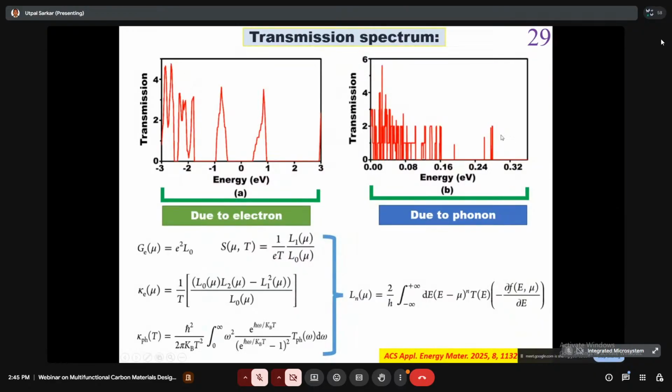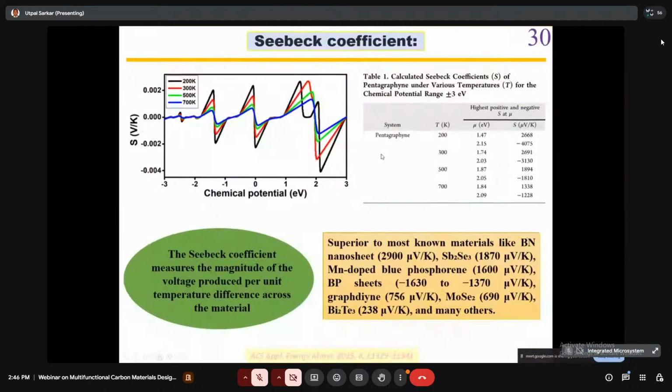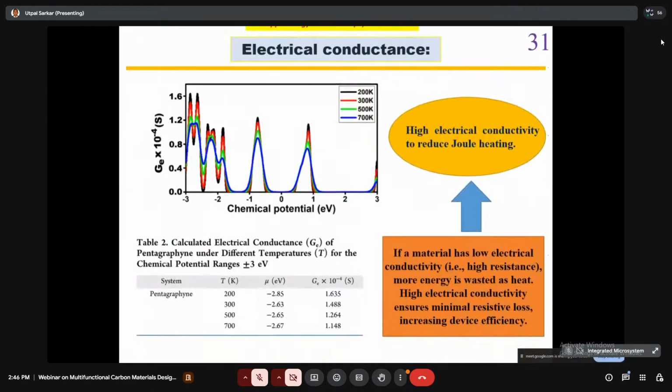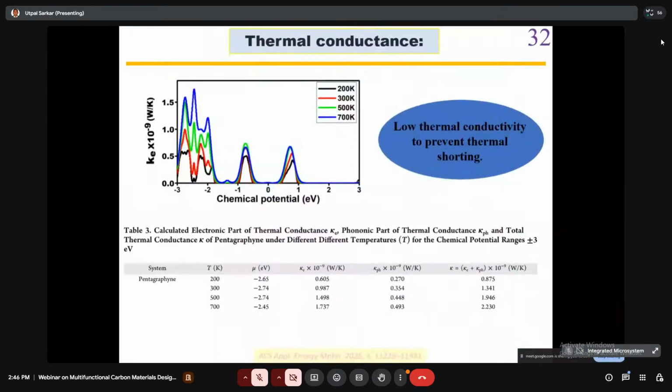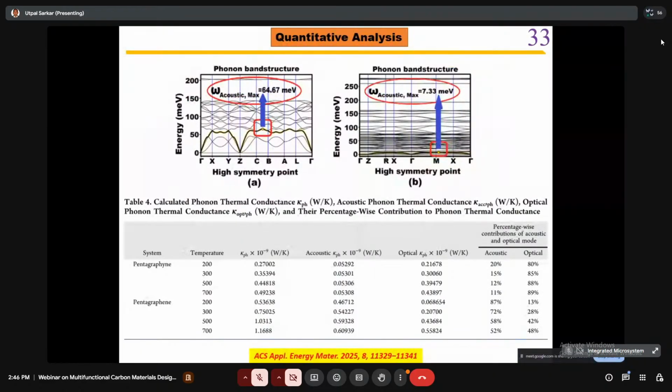However, this part is basically due to the phonon. In the phonon transmission spectra, you see, the peak is available for a very small energy range, and after this we will see the phonon band structure. Yes, you see here, this is the phonon band structure.